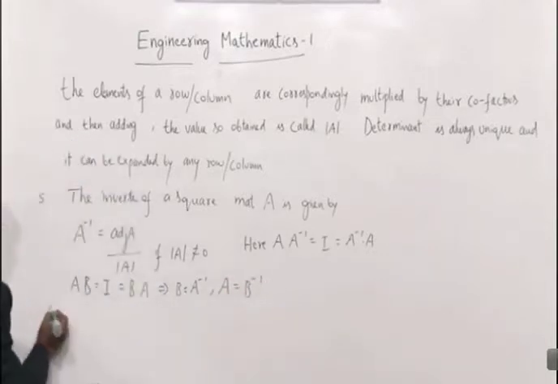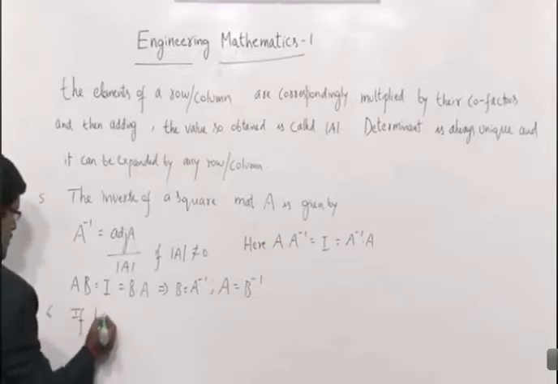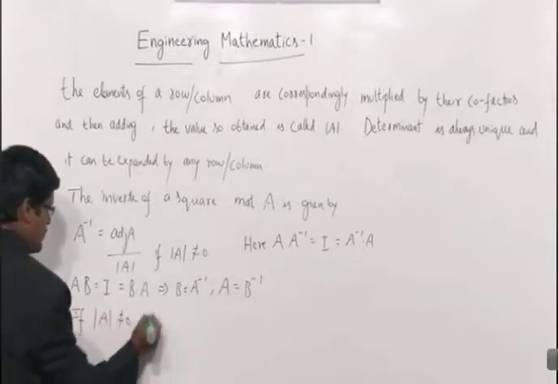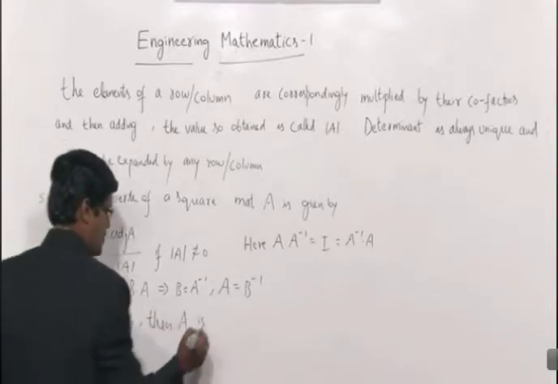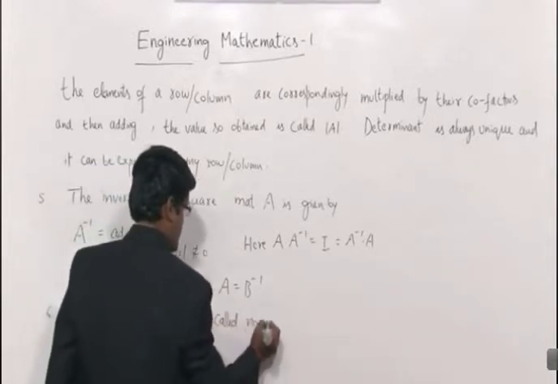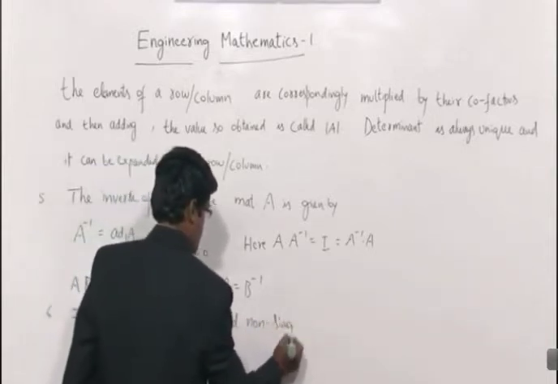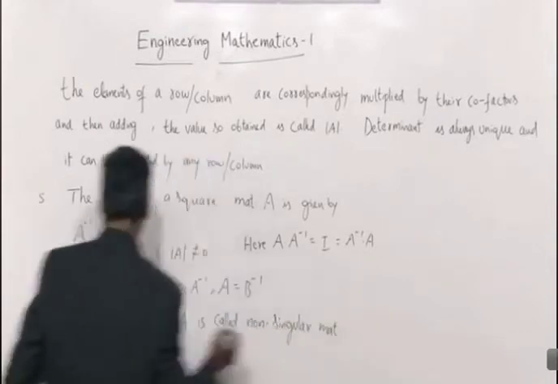The next one is, if determinant A is not equal to 0, then the square matrix A is called a non-singular matrix.